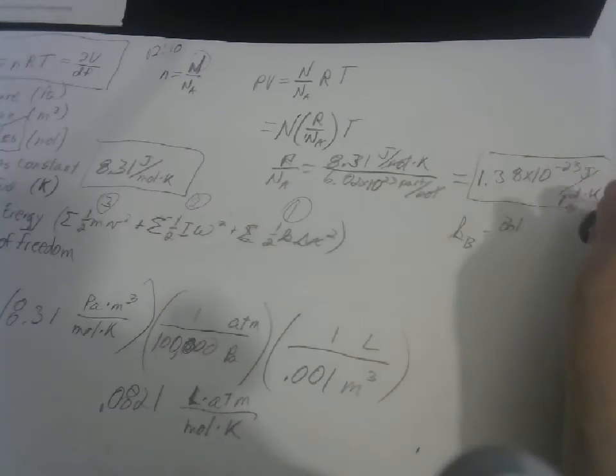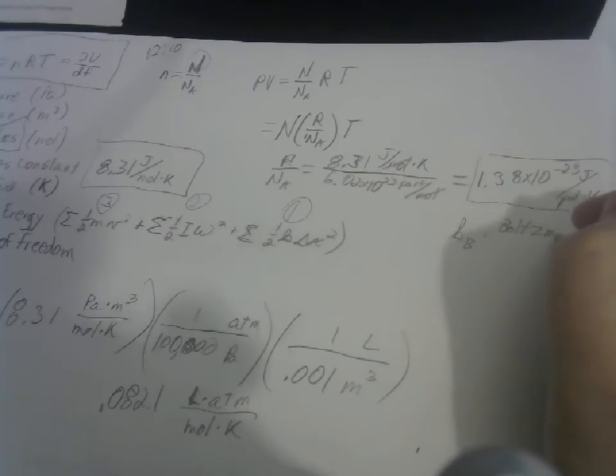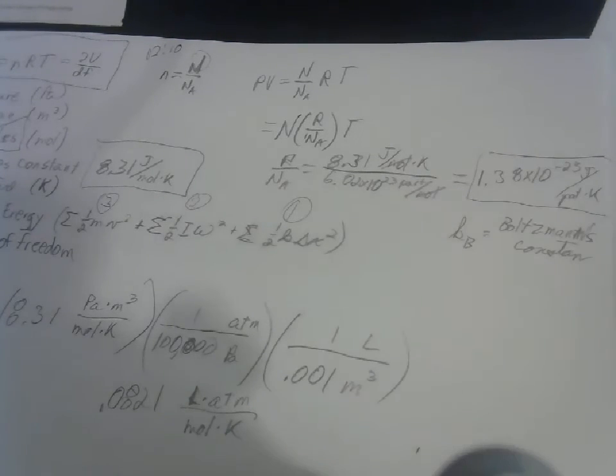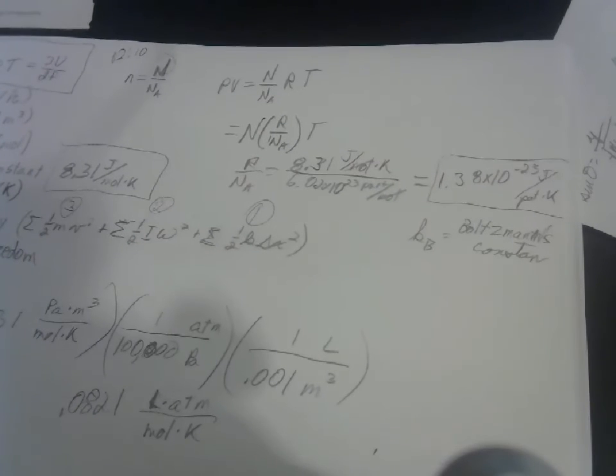They left out particle, but otherwise it's Boltzmann's constant. It's otherwise joules per Kelvin per particle. And for some reason, people don't think that particles are a unit value, so they just express it as joules per Kelvin.